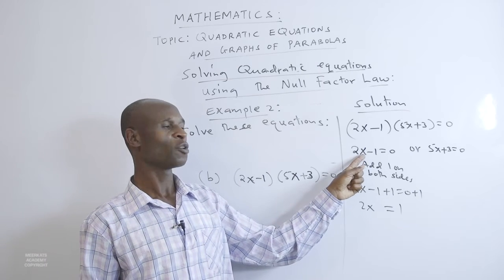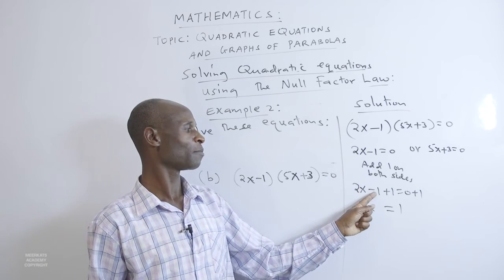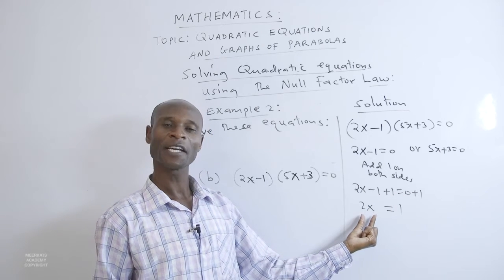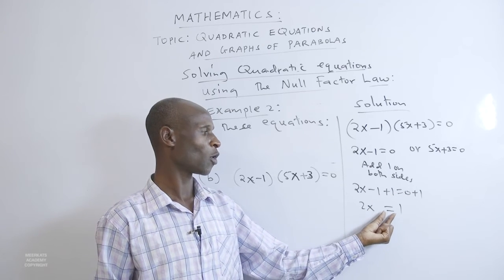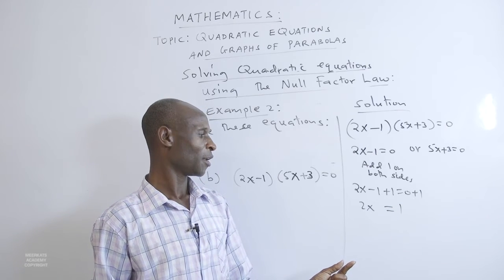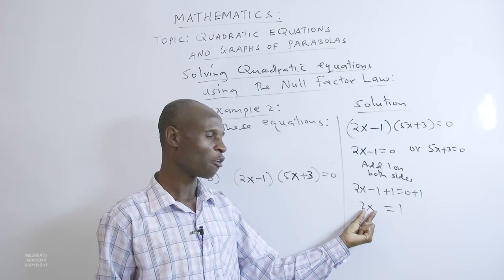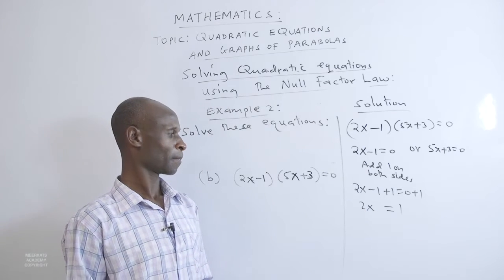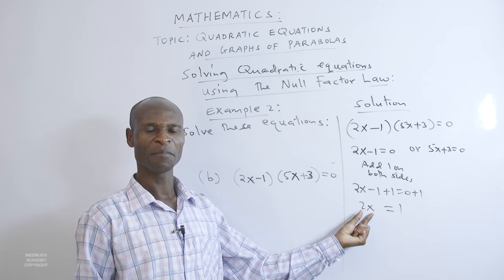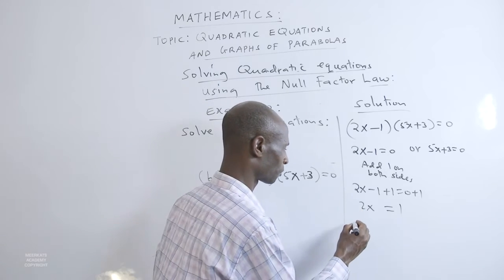If we add 1 on both sides, we shall have 2x minus 1 plus 1, which is equal to 0 plus 1. On the left-hand side, we shall have 2x equals 0 plus 1. The result is 1. Now, what is the value of x? To find the value of x, we divide both sides by 2.